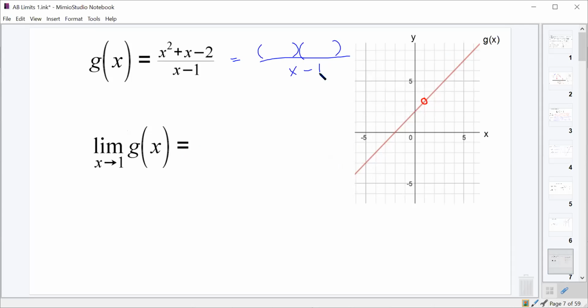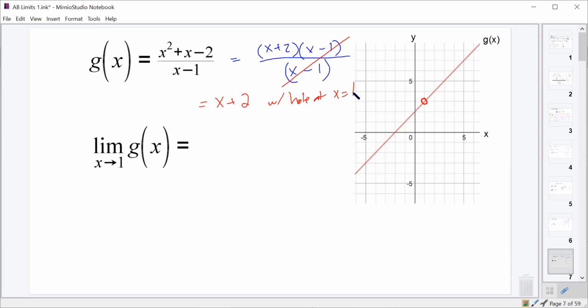X plus 2 times x minus 1. Perfect. And what does that allow us to do? There's a hole. It lets us cancel out those x minus 1s and tells us that this function just looks like the function x plus 2, with a hole at x equals 1.